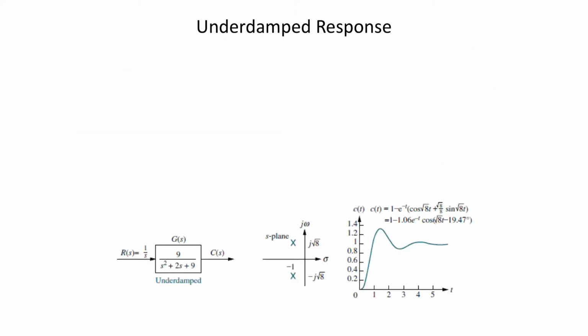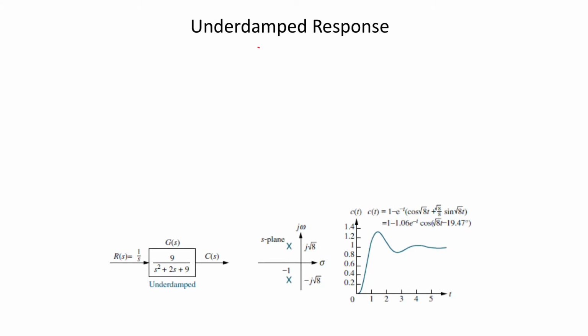Now let us take the underdamped case. Let us suppose the transfer function of the system is 9 divided by s square plus 2s plus 9, and consider its response for a step input.